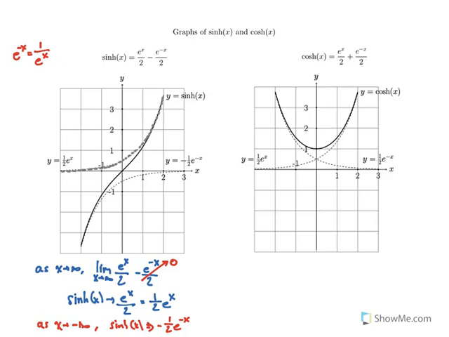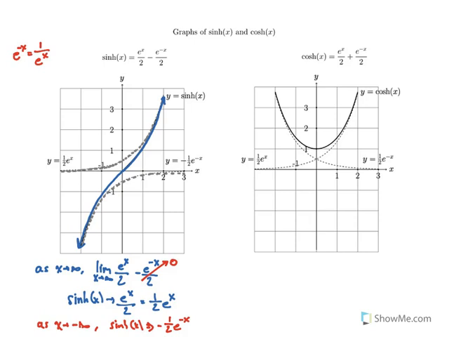So if we think about that dotted line, that function, that's this guy over here. It is a reflection over the x and the y-axis. And we have that our function sinh of x is kind of approaching both those at the same time, one to the left and one to the right. And that is our function sinh of x.